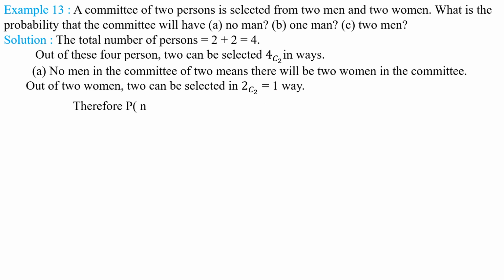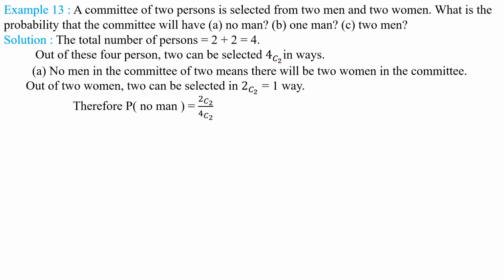Therefore, P of no man is equal to 2C2 by 4C2. This is n of A. This number denotes n of A. This number denotes n of S, the number of sample points in the sample space. Understood this step, my children?